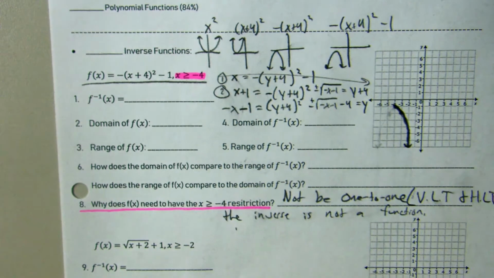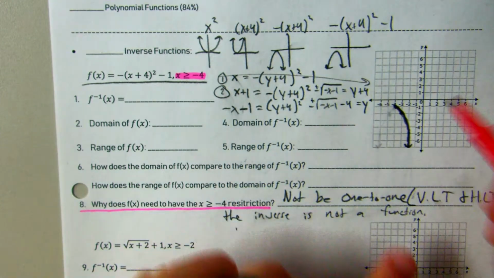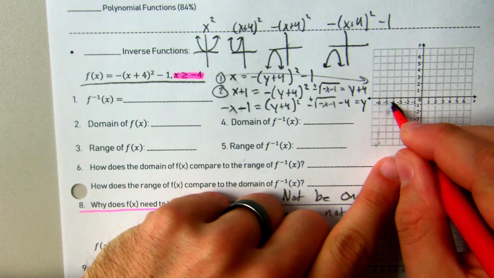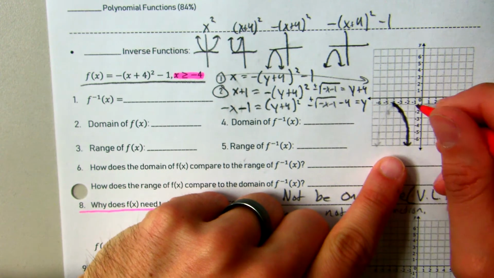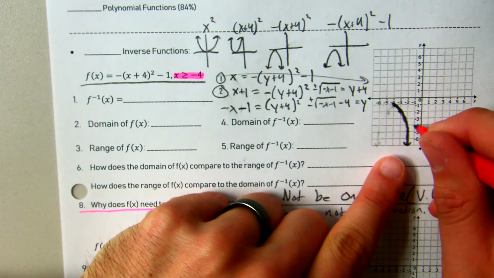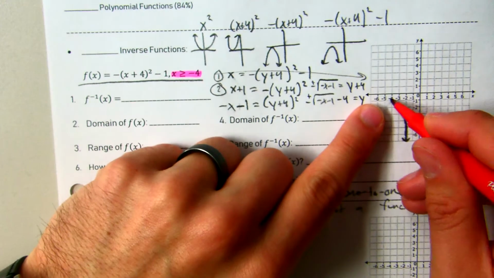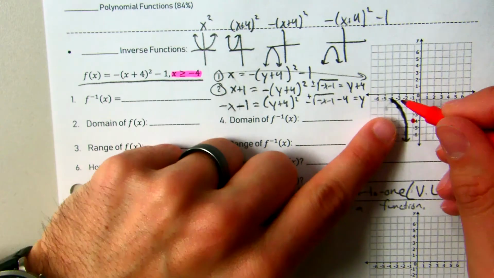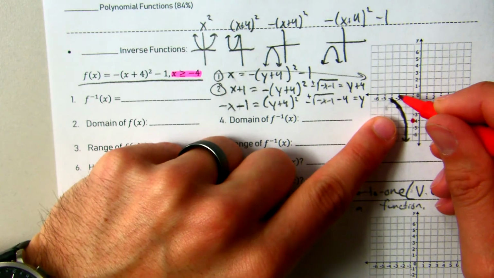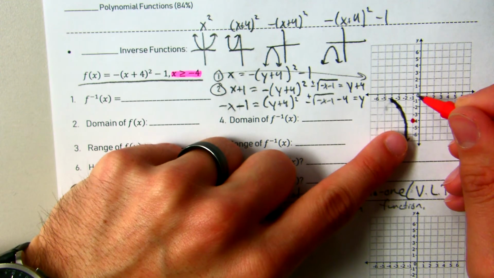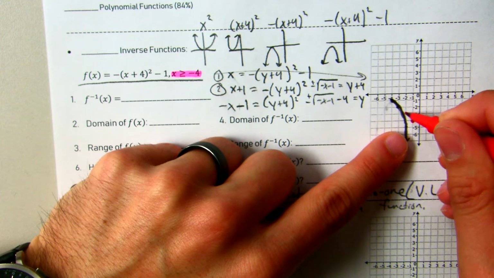Because if the function has a point at negative 4, negative 1, the inverse would have a point at negative 1, negative 4, which just means swapping x and y. This point, swap x and y goes here. If the function has a point at negative 3, negative 2, its inverse would have a point at negative 2, negative 3.